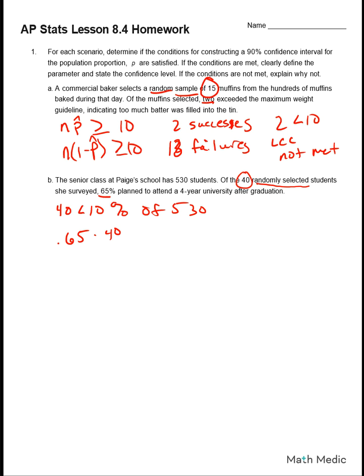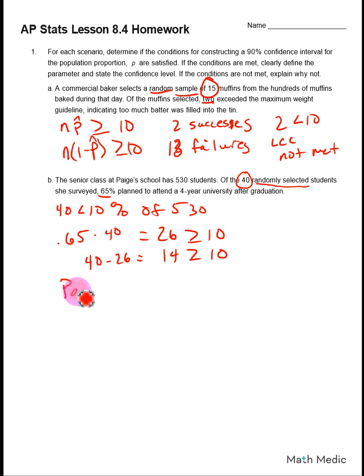I think I did this earlier. So we have 26 is greater than or equal to 10, and we can do 40 minus 26 is 14, which is also greater than or equal to 10. So all of that is good. We got all conditions met.